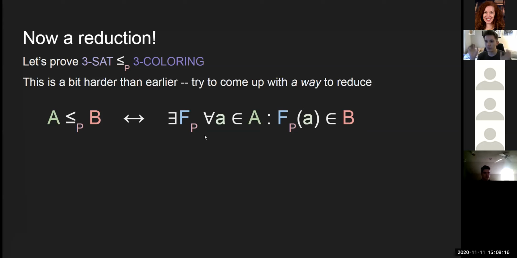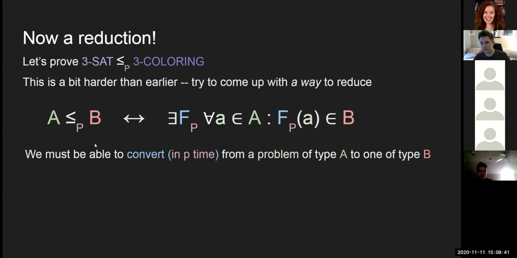So we're able to take problems in 3-SAT and translate them into problems in 3-coloring, and we can do that for every problem in 3-SAT. And then we can use our solutions in our new domain in B to get our solutions to A. So we can essentially use what we know about 3-coloring to solve 3-SAT problems. That's essentially the idea.